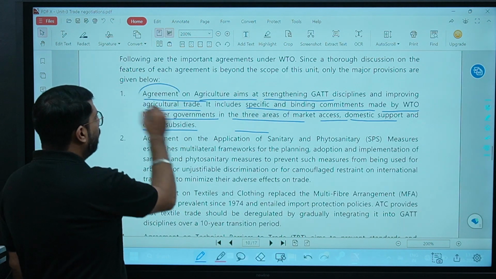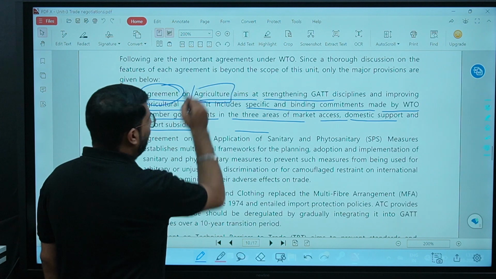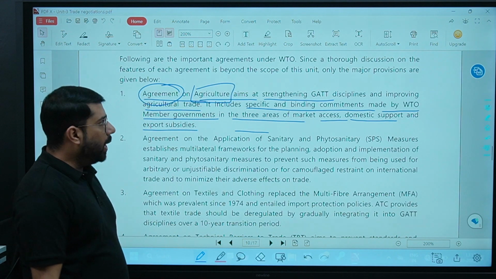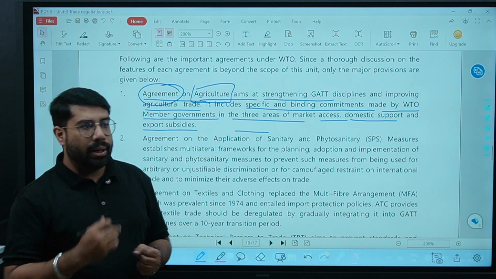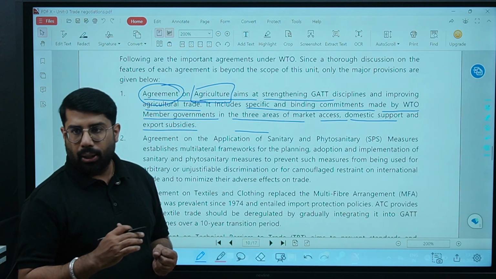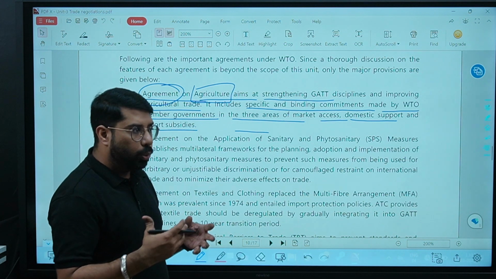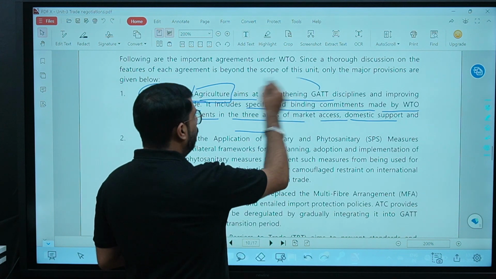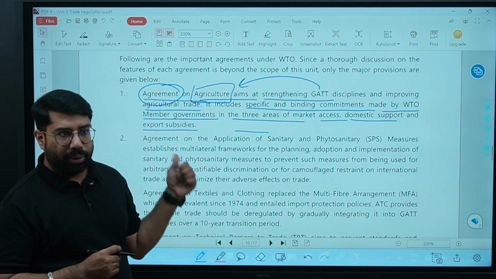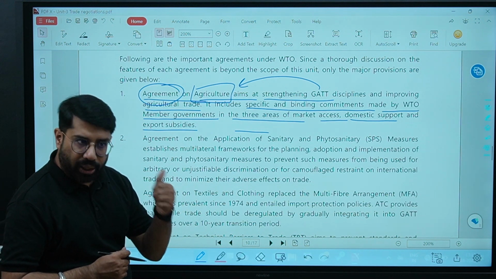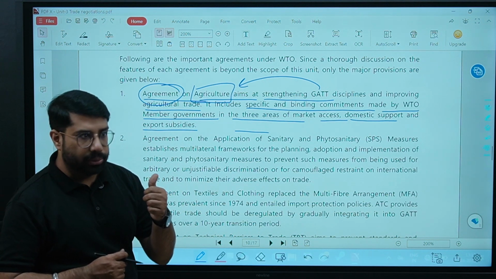So the very first agreement is on agriculture, where we are strengthening the GATT agreement. I mean, in GATT the agreement was lacking rules on agricultural products. So in WTO we make one type of agreement based on agricultural goods and services. Yes or no?